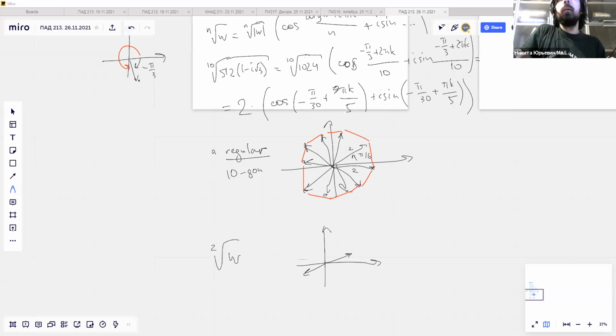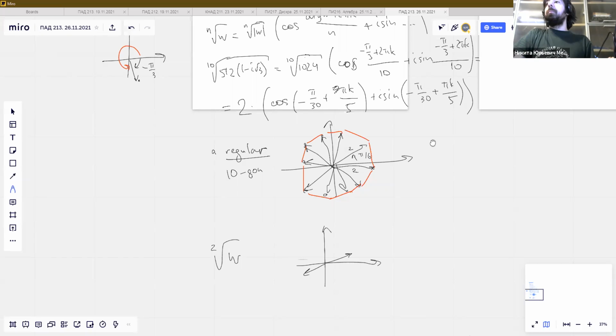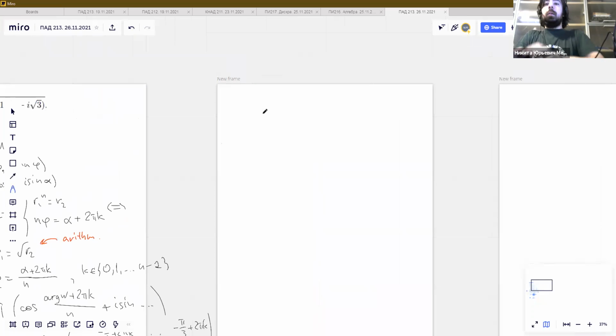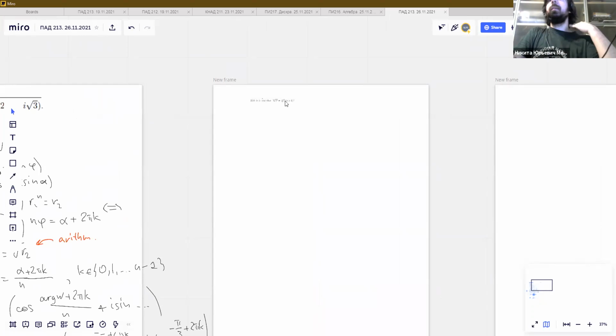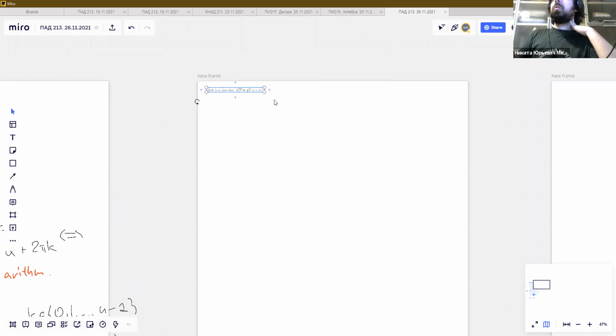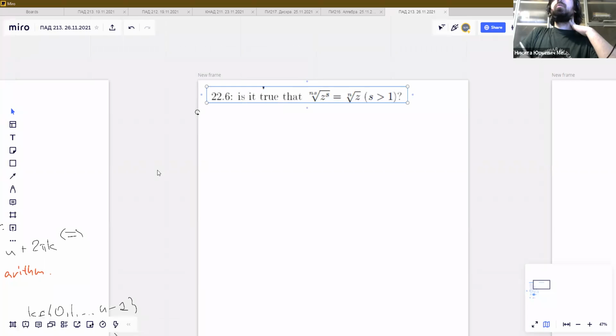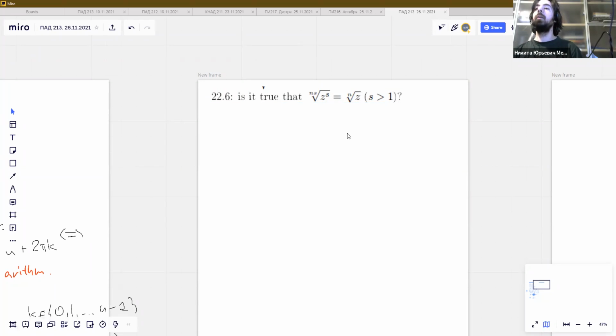Okay, so I have copied a problem. About roots, we have kind of talked about all the main things, but still, let me pose two more problems so that we see some nuances. So this problem says that there is a well-known property of roots for real numbers.